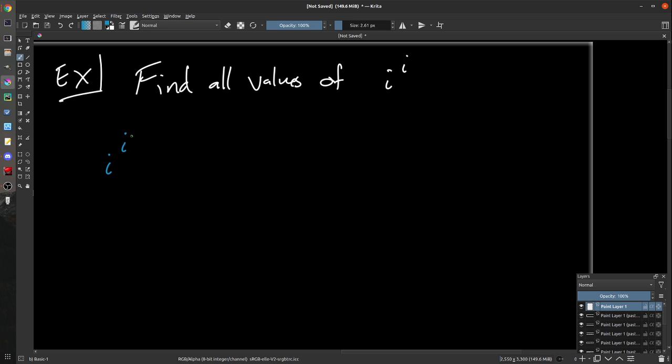So i to the i is e to the i log i. Well, we just continue. That's e to the i, and what is log i? I should write this right here. Remember, i is going to be 0 plus 1i, if you wanted to write it like that. So this will be the regular old log of 1 plus i times pi over 2 plus 2 pi n i.